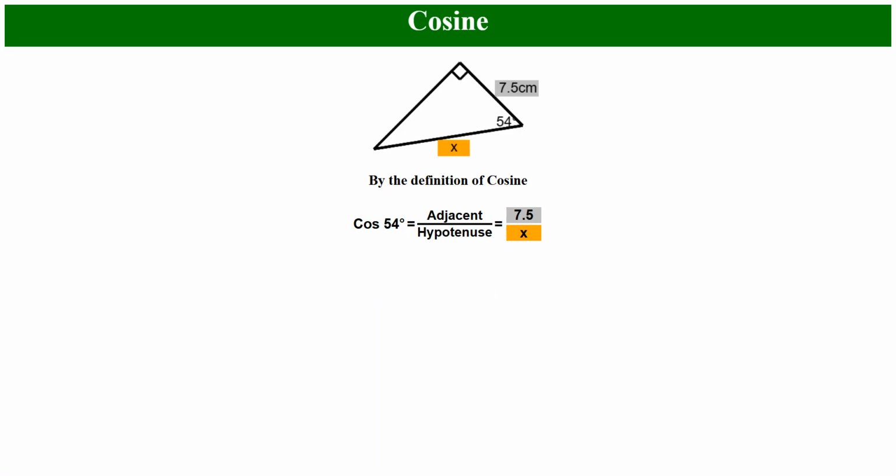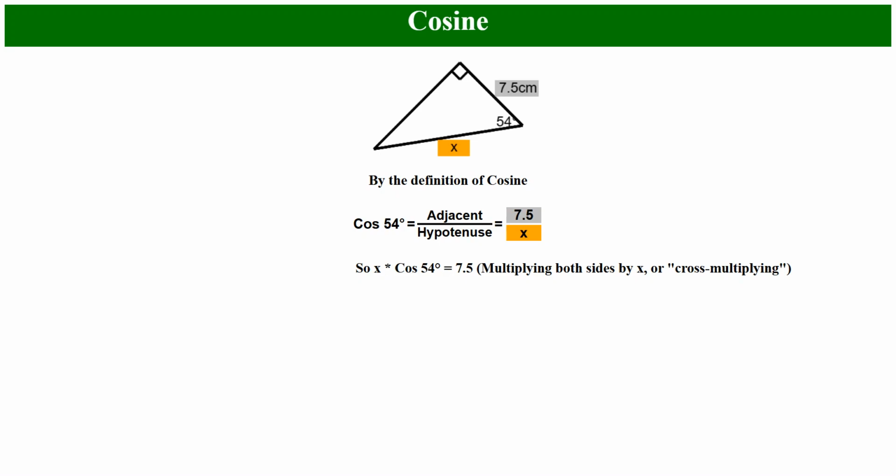And now to find the value of x, you remember that we need to multiply both sides by x or cross multiply. And when we do that, we get x multiplied by cos of 54 degrees is equal to 7.5.